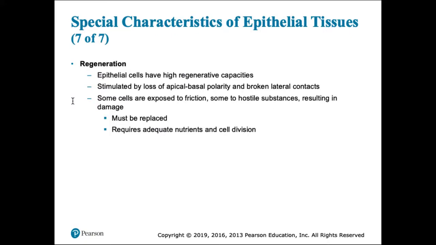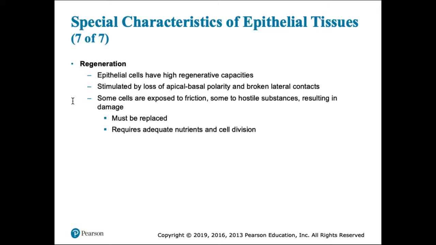Another special characteristic is regeneration. Epithelial cells have a high regenerative capability. This is stimulated by the loss of apical-basal polarity and broken lateral contacts. Some cells are exposed to friction, some to hostile substances, so think of your skin, and that results in lots of damage, so they are programmed to be replaced.